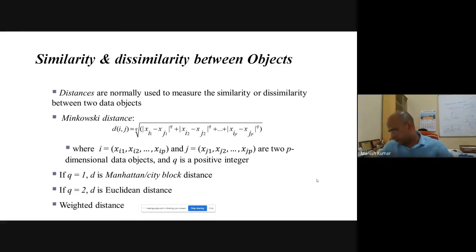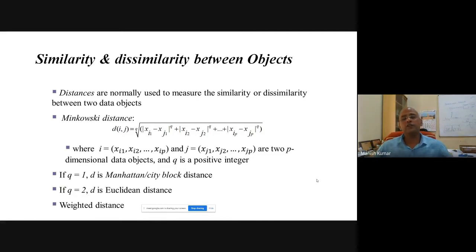Why is this weighted distance important? Suppose you have a data sample where multiple attributes are there. Like if I say we have basketball player data, then we may have the weight of the player, the height of the player, performance and other things. So a lot of attributes could be part of that sample.